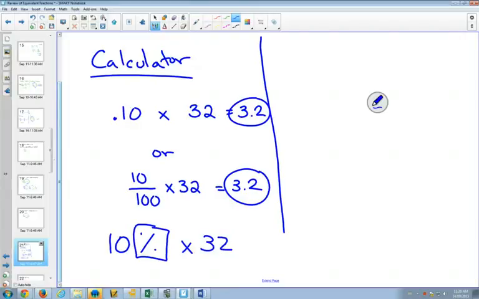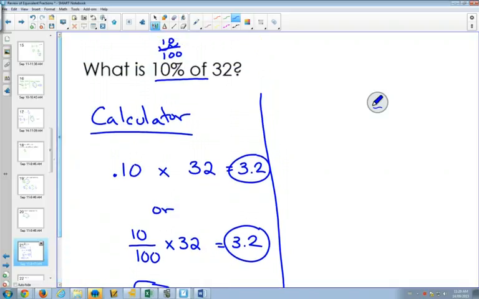Perfect. But you still have to know that the word of means that we're multiplying. So that's a key thing. What is 10% of or 25% of? Whenever you see that written that way, now you know that that means multiplication.